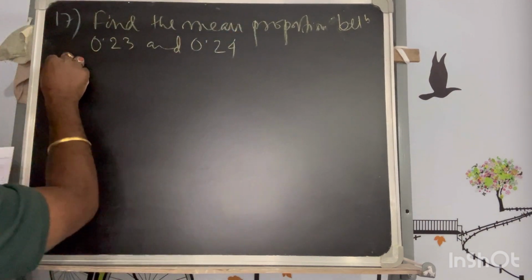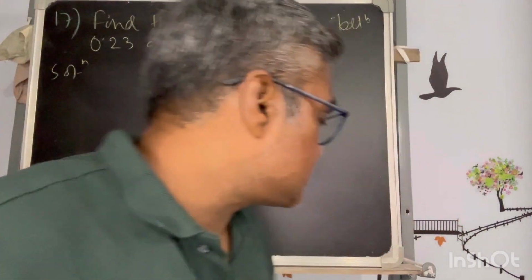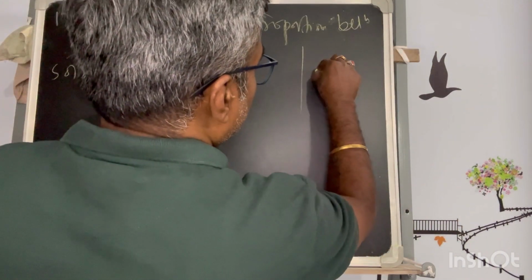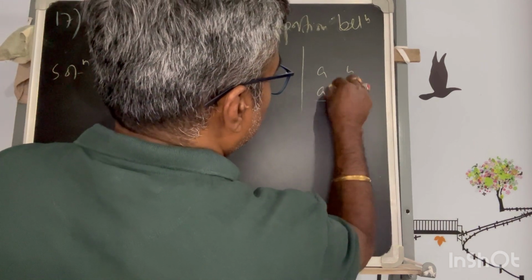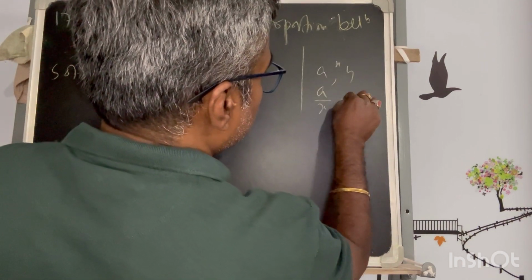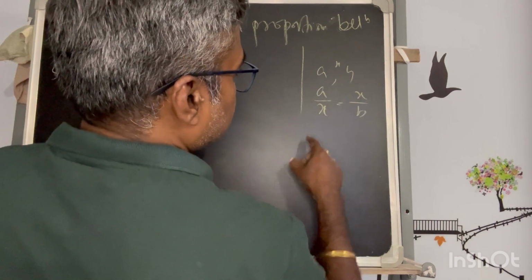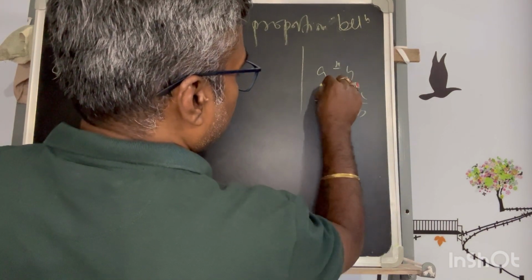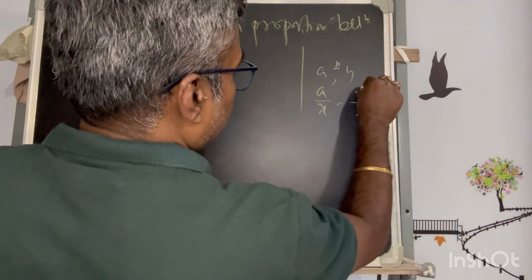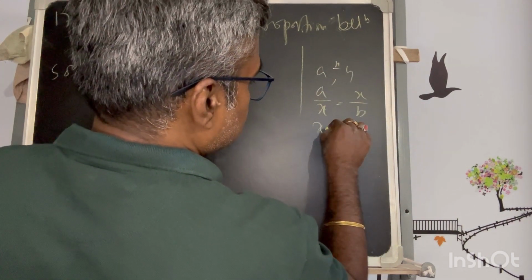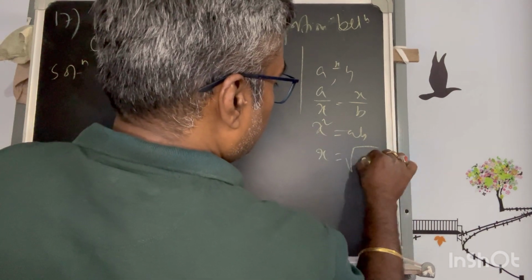So this is again a straightforward formula. The mean between two numbers a and b: let the mean be x, so a is to x, x is to b, where the mean is common for both. So a by x equals x by b, so x square is ab, and I will get the mean.